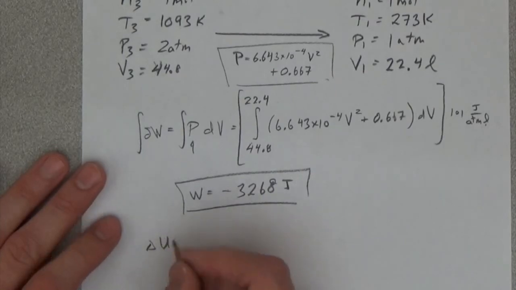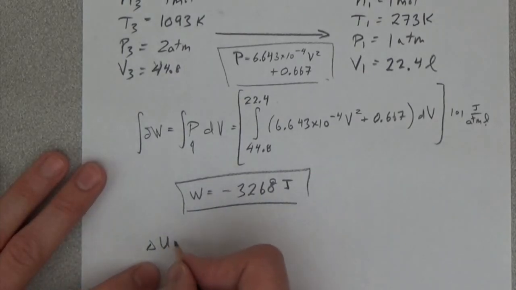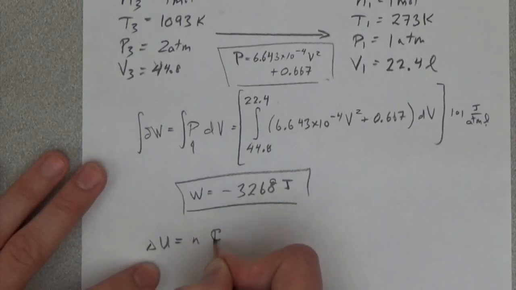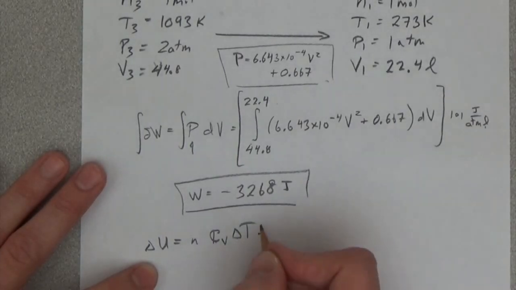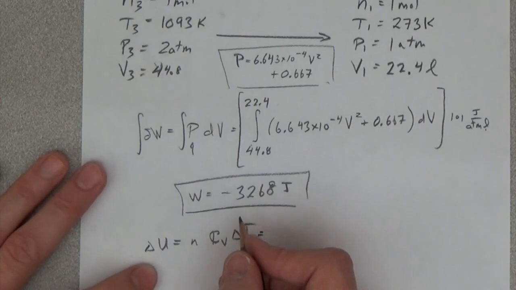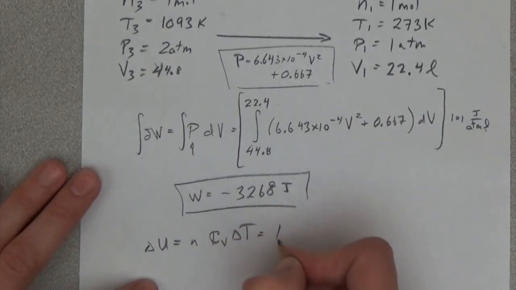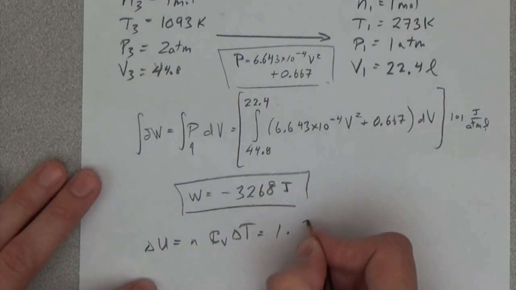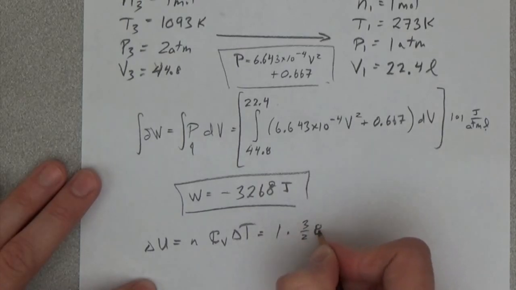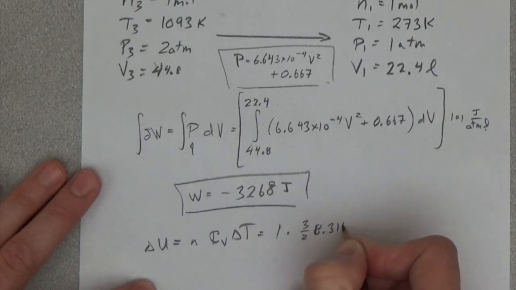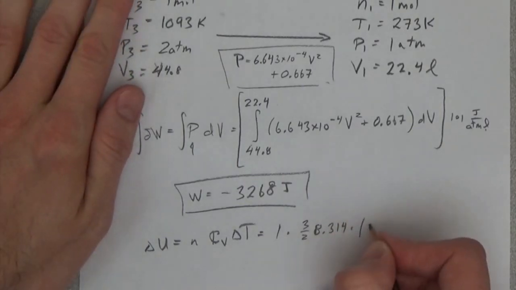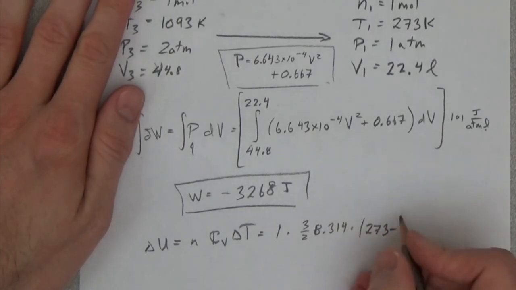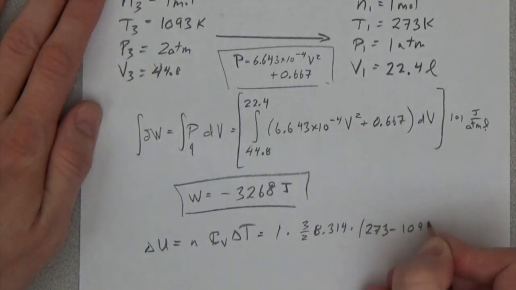And the change in internal energy comes from the heat capacity, is equal to 1 times 3/2 times R, 8.314, times 273 minus 1093.